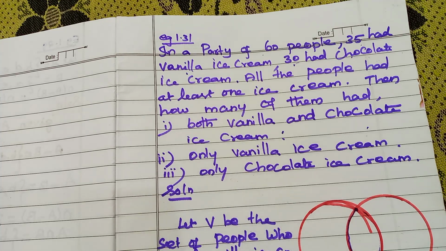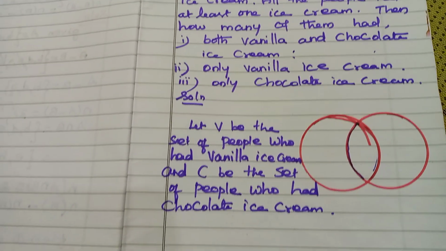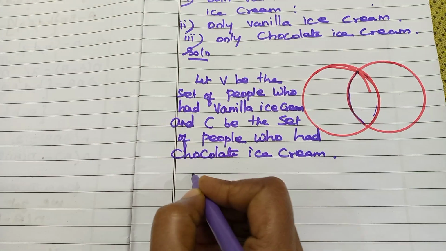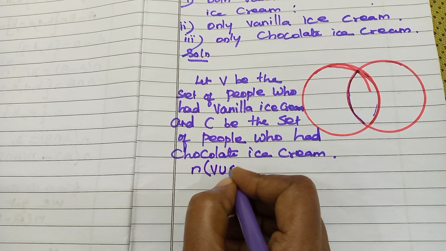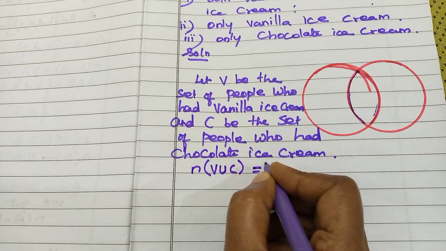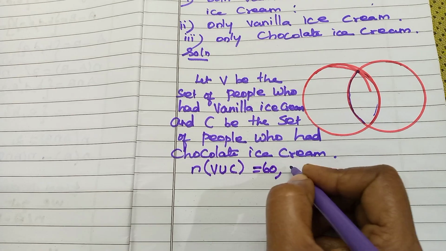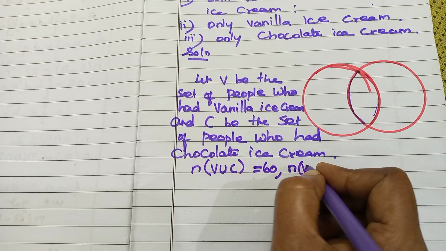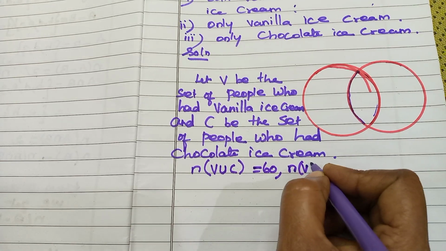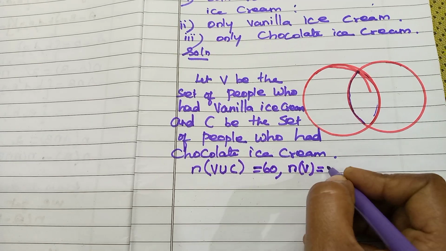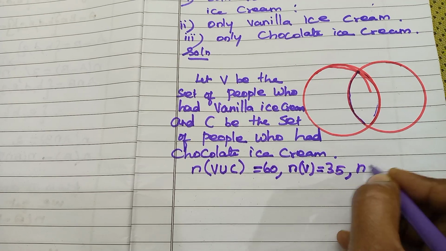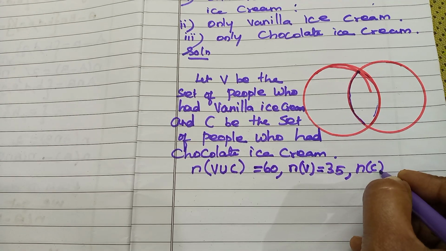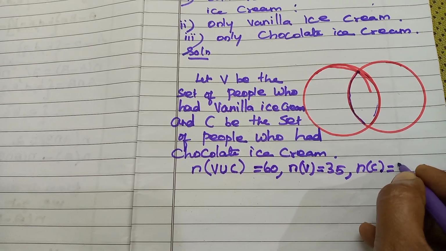So here there are 60 people, is it? That is the union. Okay, 60 people there are. So n(V union C) equal to 60, comma, n(V), number of people having vanilla ice cream, equal to 35, comma, n(C), number of people having chocolate ice cream, equal to 30.